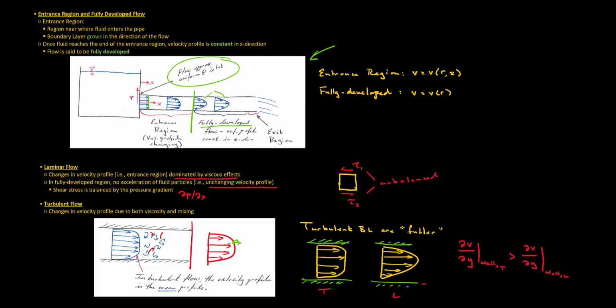Okay, and this would of course be if we define this as, let's say, our y, and this is our velocity profile, v of r.